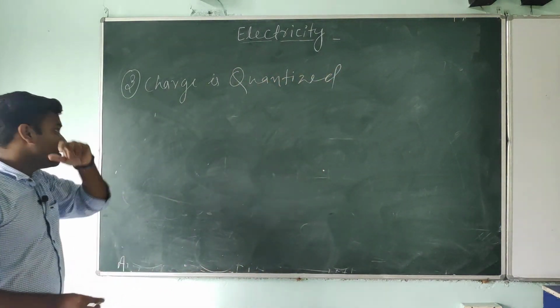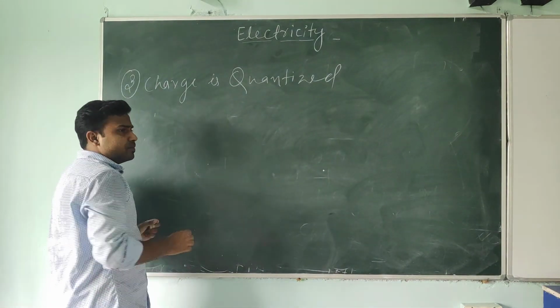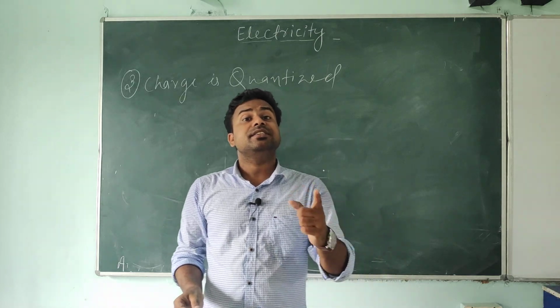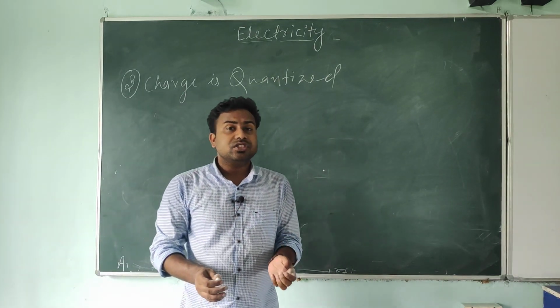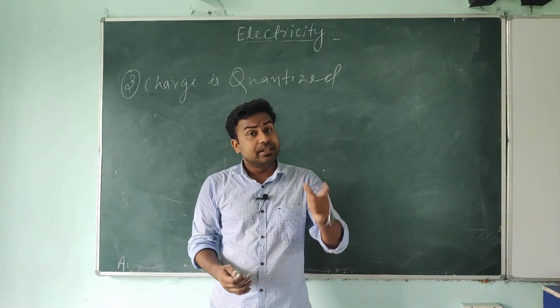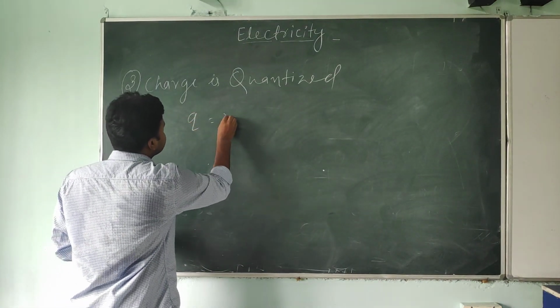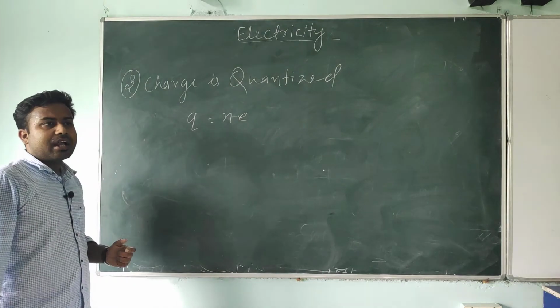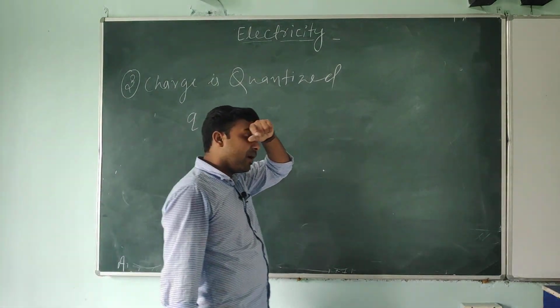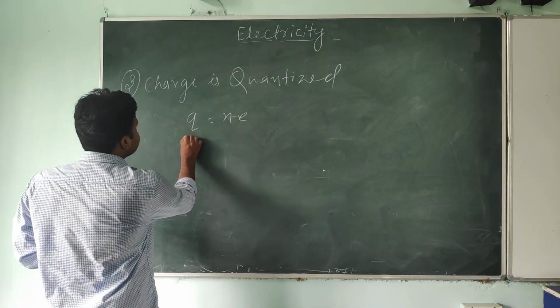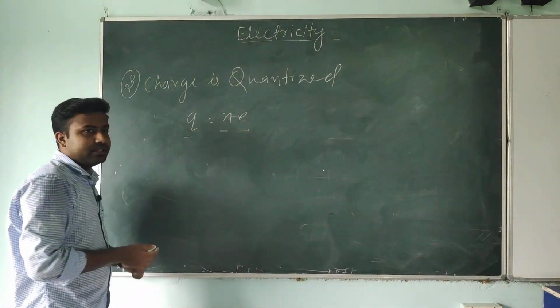Charge is quantized means, student, write down: charge always exists in discrete form, or what you can say, charge always exists in integer multiples of the electron charge. It means you can write Q equals N into E.